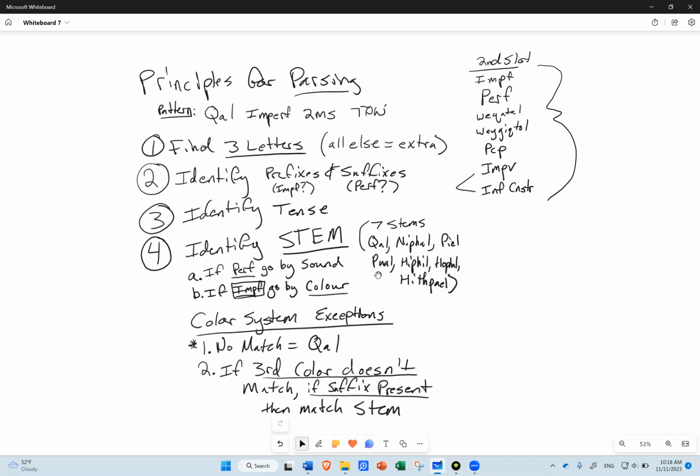Maybe you don't know it as well as you want to. Just really focus on doing that, and you'll set yourself up not just for a great semester next semester, but even more importantly, for a lifetime of enjoying and utilizing Hebrew. So, Lord willing, that's what we're all going for.